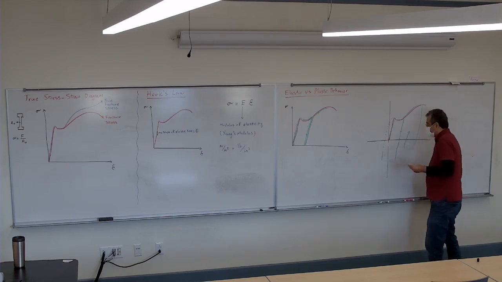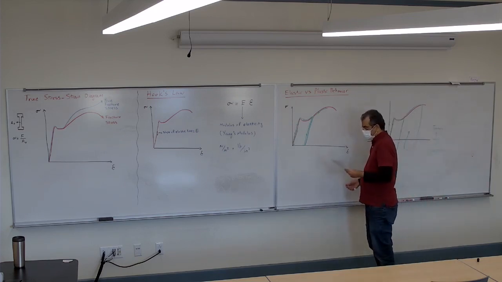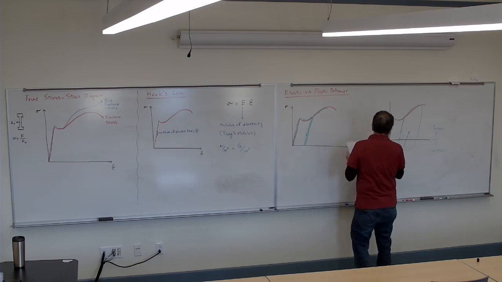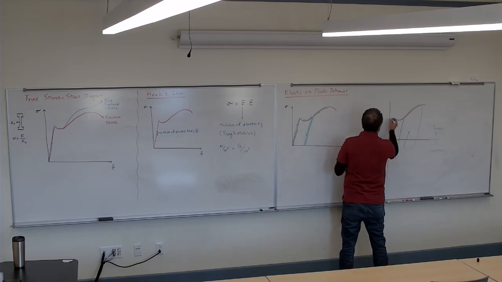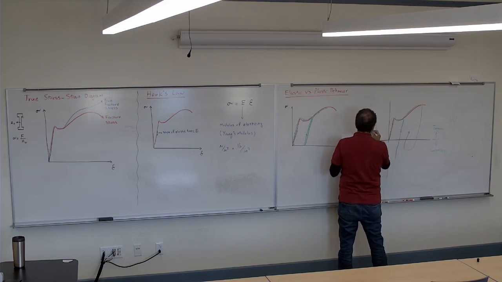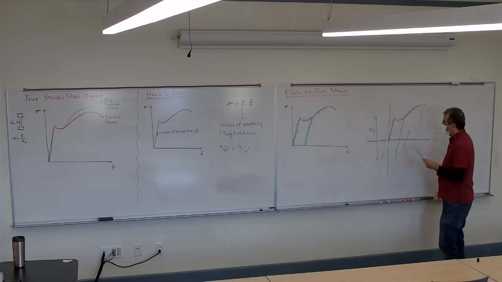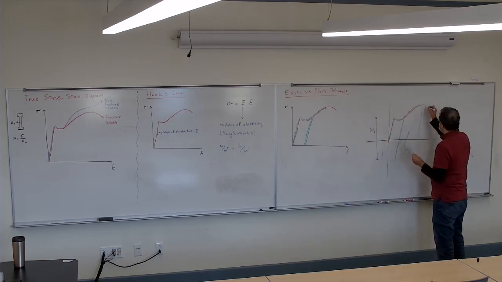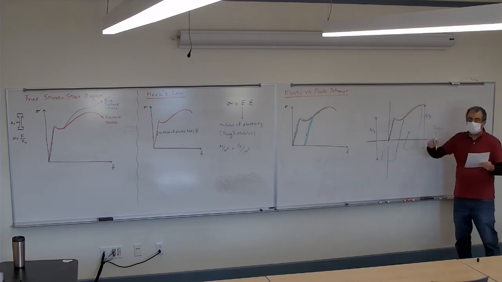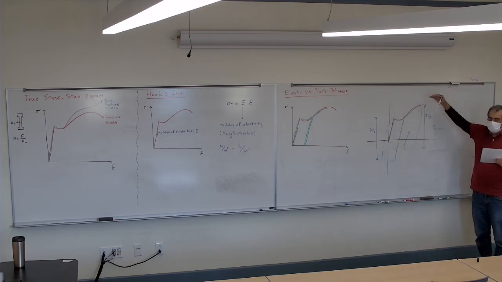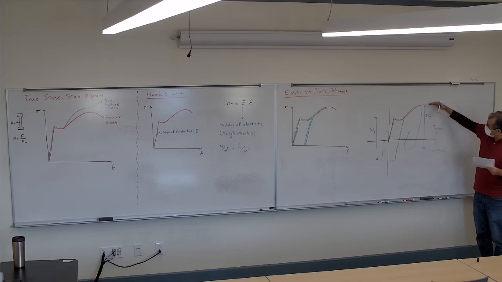One thing that happens is that the distance between how low you can go and how high you can go in every cycle of loading and unloading is always 2 sigma y. So this distance here is 2 sigma y. Regardless of how far you go up, the distance between the highest point and the lowest point is going to be 2 sigma y.